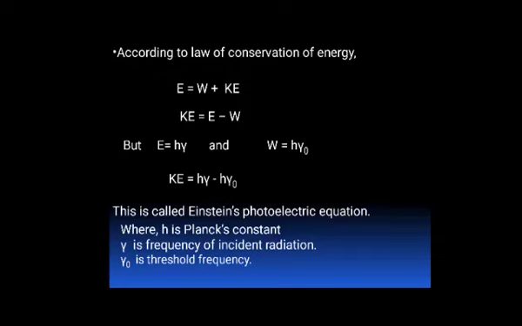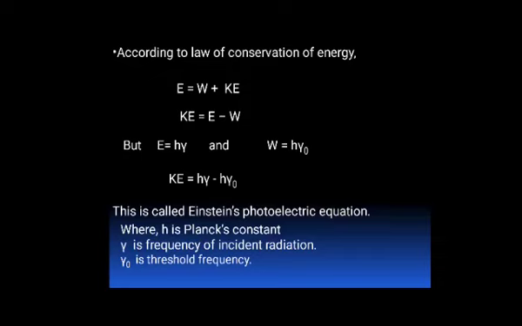That is E is equal to W plus KE, or kinetic energy KE is equal to E minus W. But E is equal to h nu and work function W is equal to h nu naught. So if we substitute these two, we get kinetic energy is equal to h nu minus h nu naught. This is called Einstein's photoelectric equation.